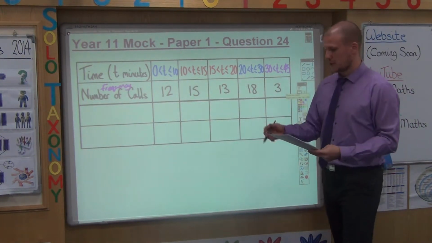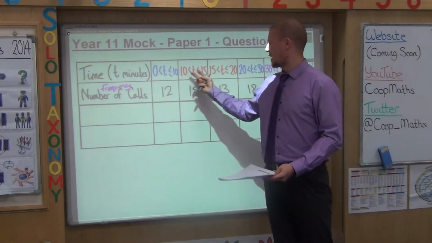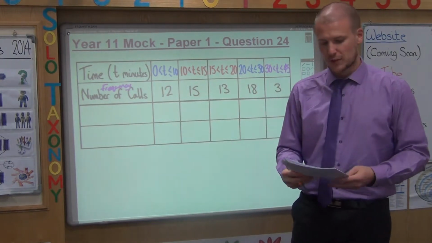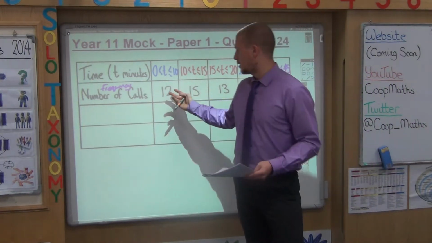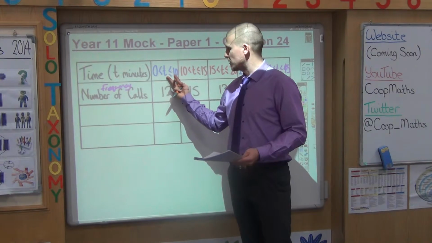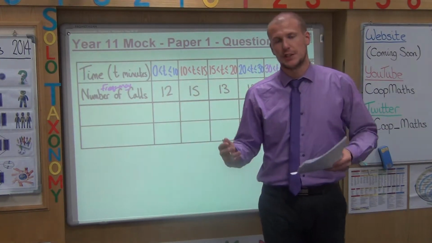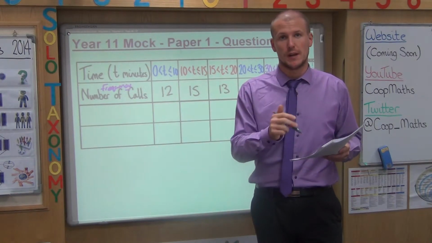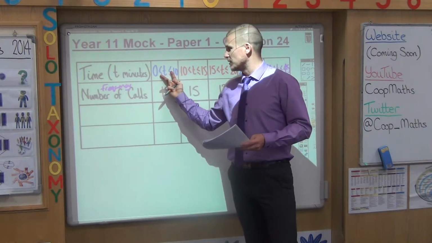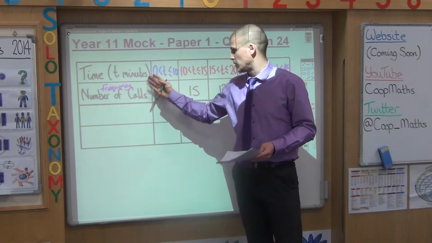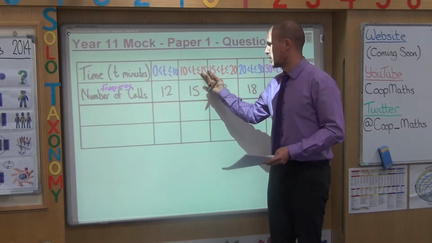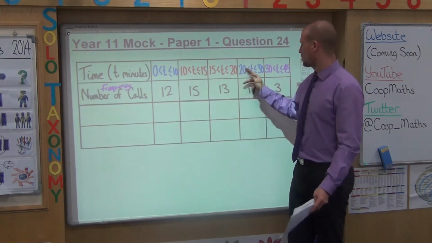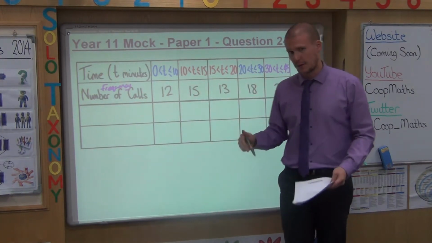So in order to do this, and considering they have different widths, what frequency density does is it almost takes an average. Say here we have 12 values that are between 0 and 10. It takes that 12 and shares them amongst the 0 to 1, the 1 to 2, the 2 to 3. It basically breaks this down into 10 pieces because there are 10 values that are covered. This one breaks down into 5 pieces because 5 are covered, then 5 pieces, then 10 pieces, then 15 pieces.